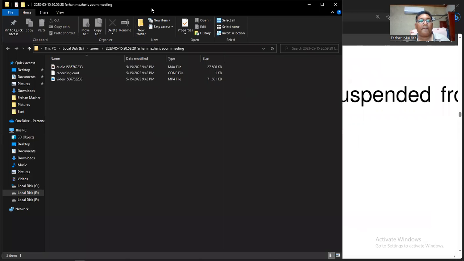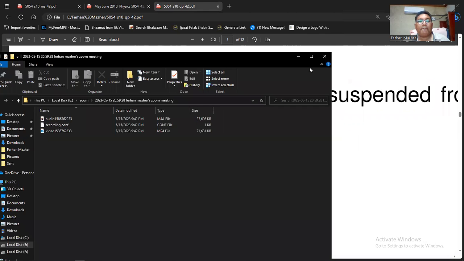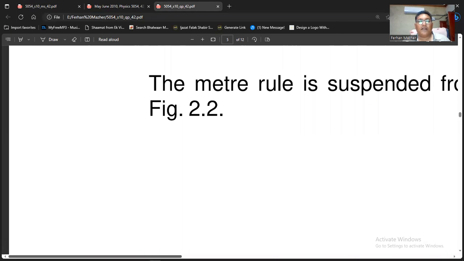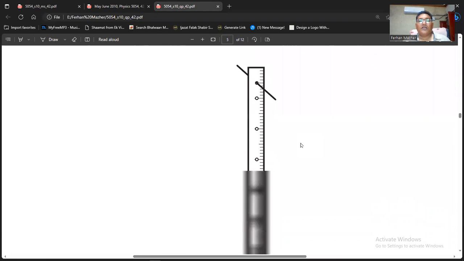Let me show you. First, you will hang it from this hole, then you will hang it from this hole, then the ruler from this hole, then from this. So the distance above, that is the small d, this distance. If you hung it from this hole, then this will be the d. If you hung it from here, then this will be the d. Okay, I hope you understand.